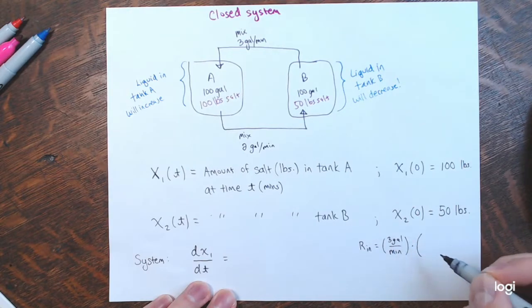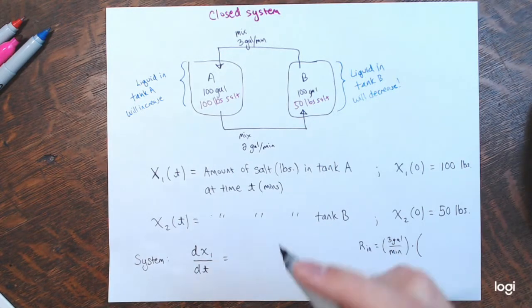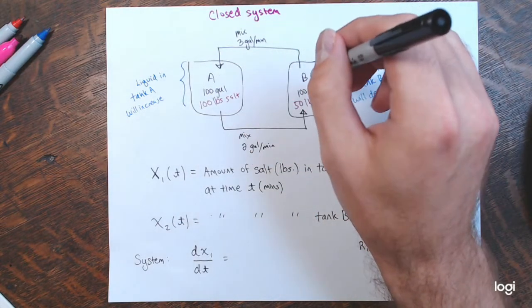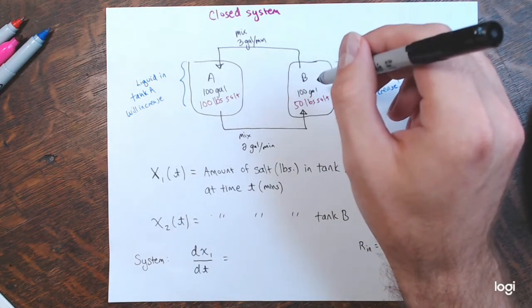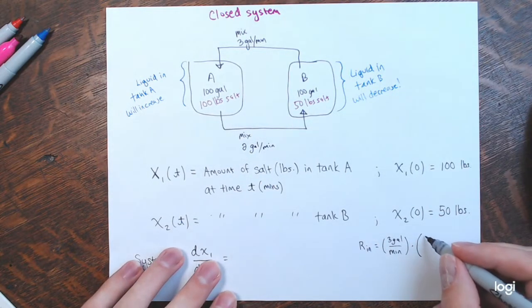And then, just as before, I'm going to multiply this by the concentration of that liquid, the concentration of salt. Now that liquid that's coming in is coming from the mixture from tank B. Now the amount of salt at any given time in tank B is x2. Right?